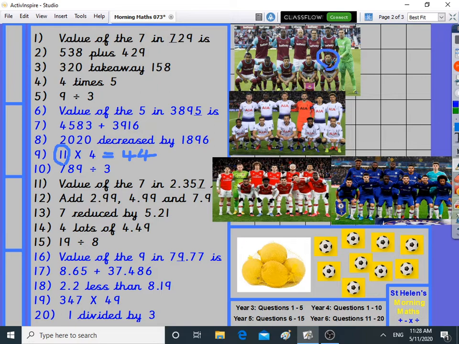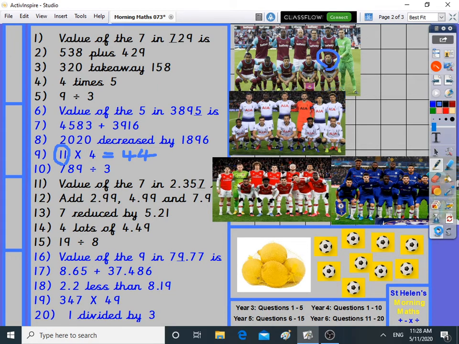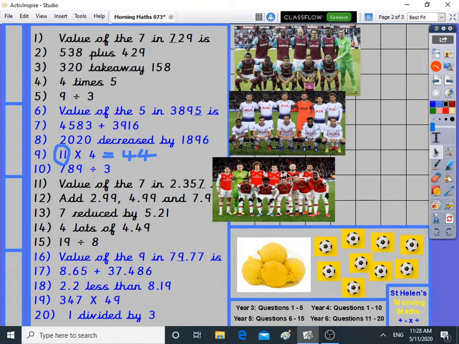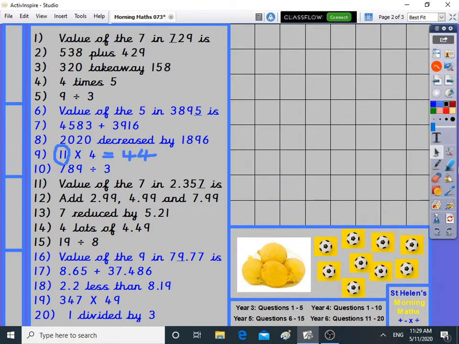Like this player is not the same as this player, but it's still 4 teams of 11 players. So 11 players is still a football team. So the kind of word problem you get is there are 11 players on a football team. How many players would there be on 4 football teams? You do 11 times 4 and it's 44. Thanks to those players. And we'll move on to question 10.